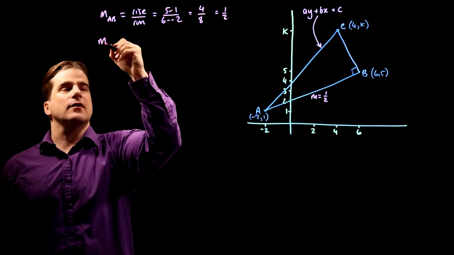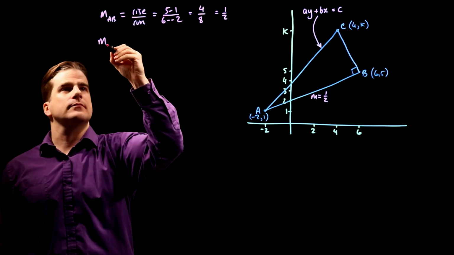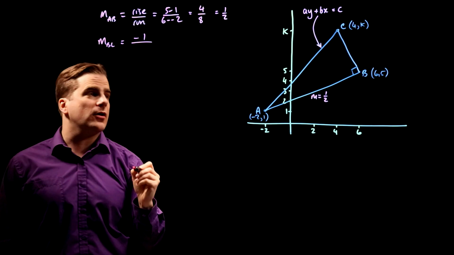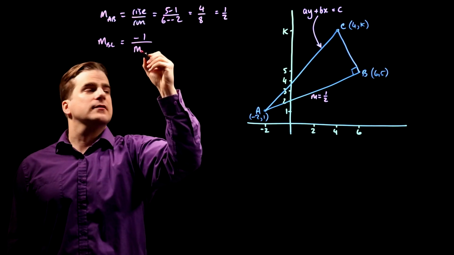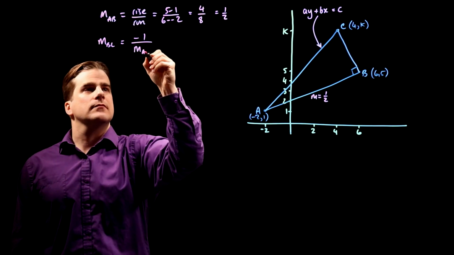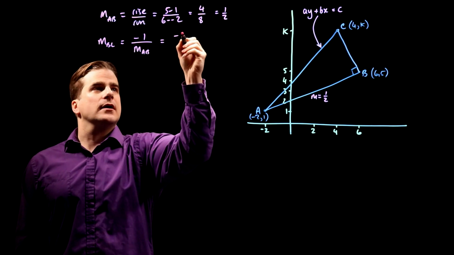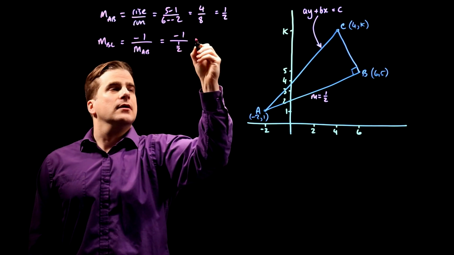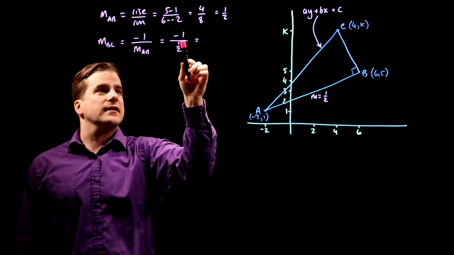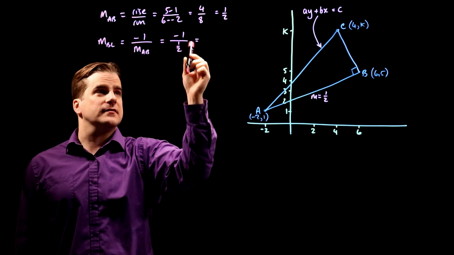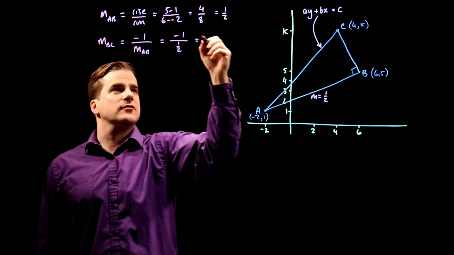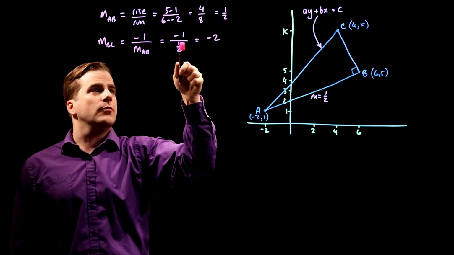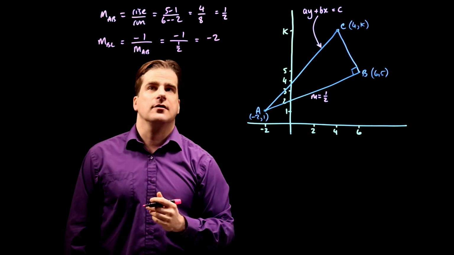So the gradient of the line BC is the negative inverse, in other words, -1 over the gradient of AB, which is -1 over a half, which is, dividing by a half means 2 flips up to the top, so it's -1 times 2 on the top, which is just -2 over 1, in other words, just -2.